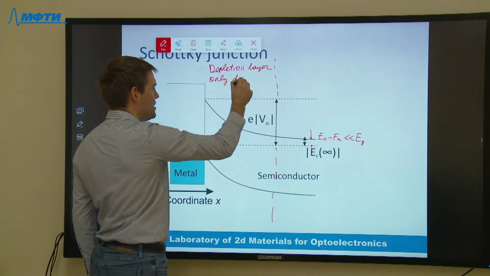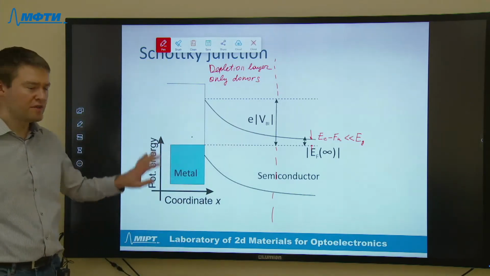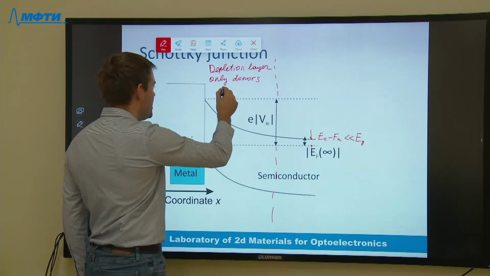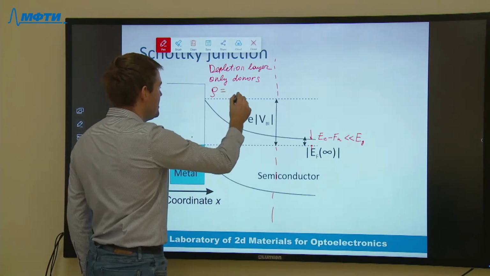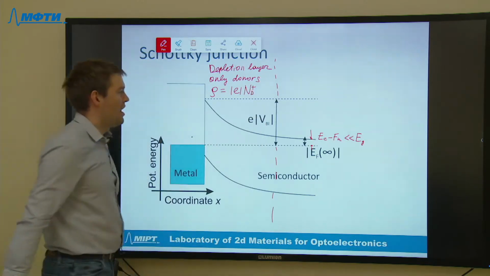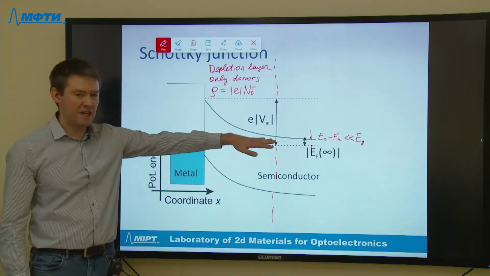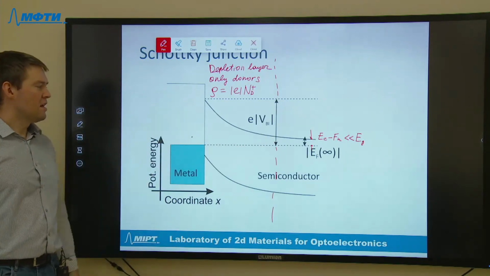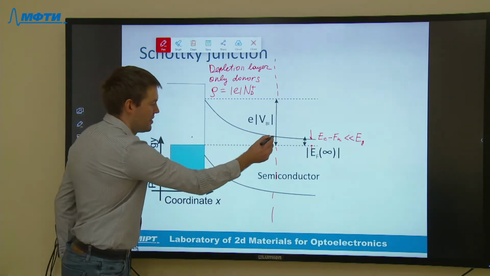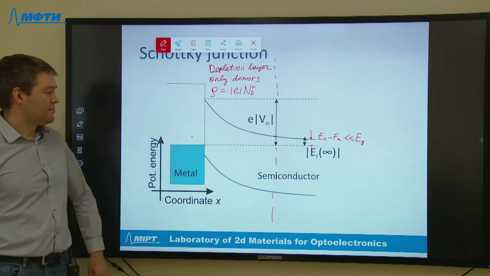Well, not strictly speaking only donors, but mainly donors contribute to the charge. And the charge density here is just the elementary charge times the density of ionized donors. The distribution of electric potential here is almost parabolic. So here is the top of the parabola and here it continues.